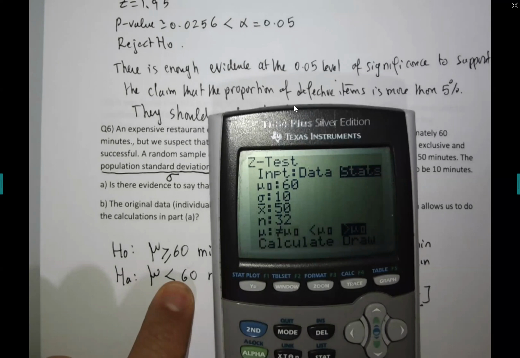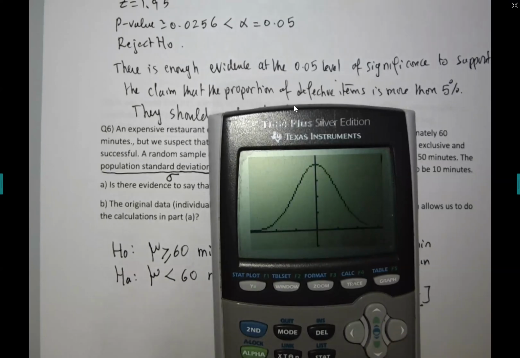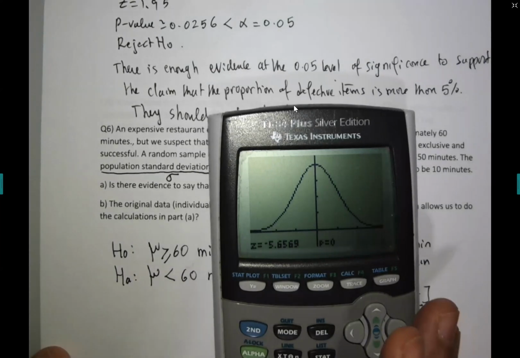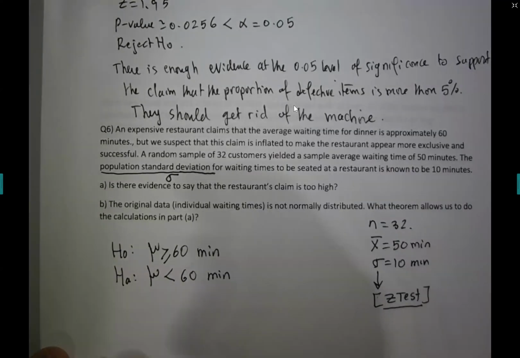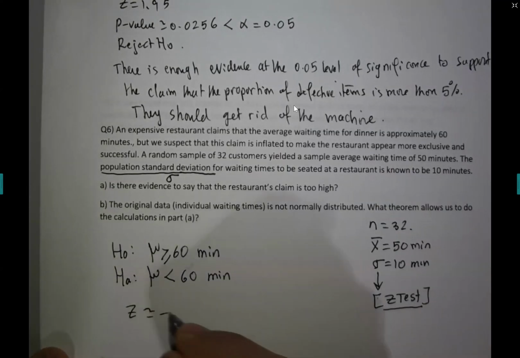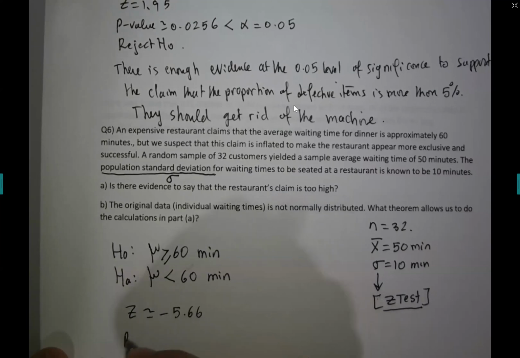So the alternative is less than 60, guys. Look, you select it and press enter. Don't forget to press enter. And then draw. Okay. Z is negative 5.66. And p-value is almost 0.